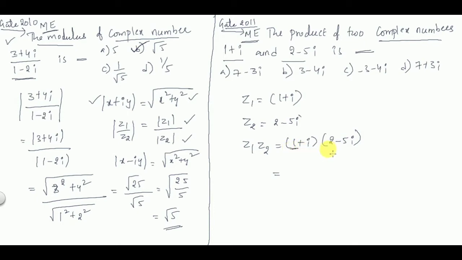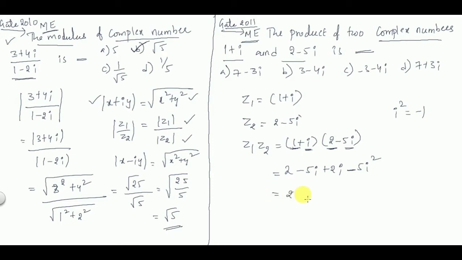So 1 into 2 is 2 and 1 into minus 5i is minus 5i. i into 2 is plus 2i, and plus into minus is minus 5i into i is 5i square. We know that i square is equal to minus 1.